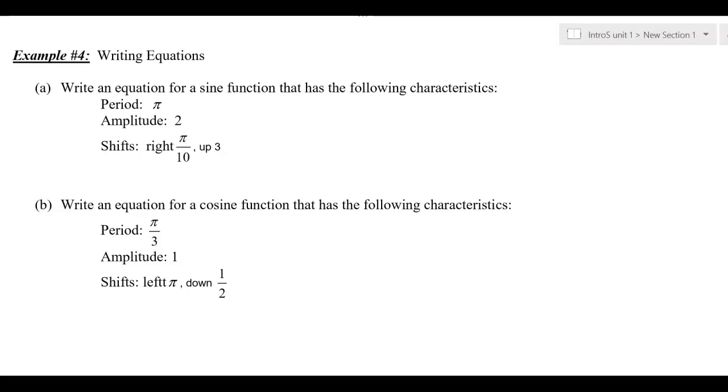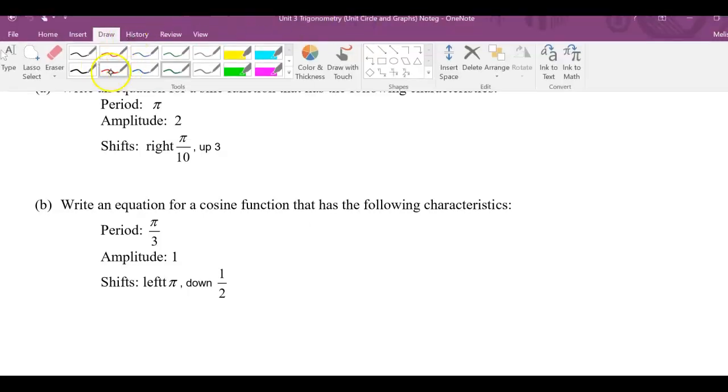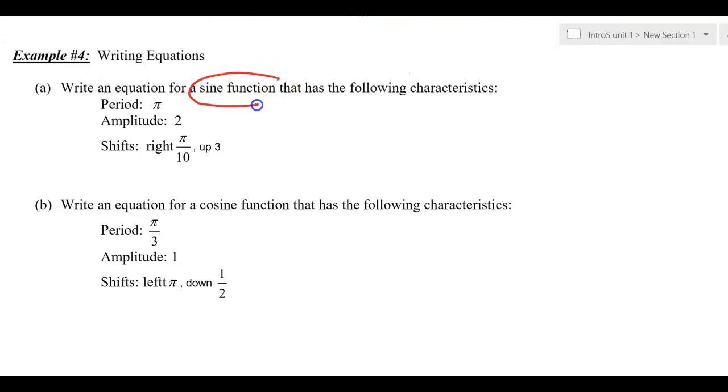Remember when we're writing equations, if you did the graphing well, then this should be pretty okay. This is a sine function, so I'm looking to put together an equation like this. I just want to place things in the places where I know they belong. Some of the things you can put in right away.